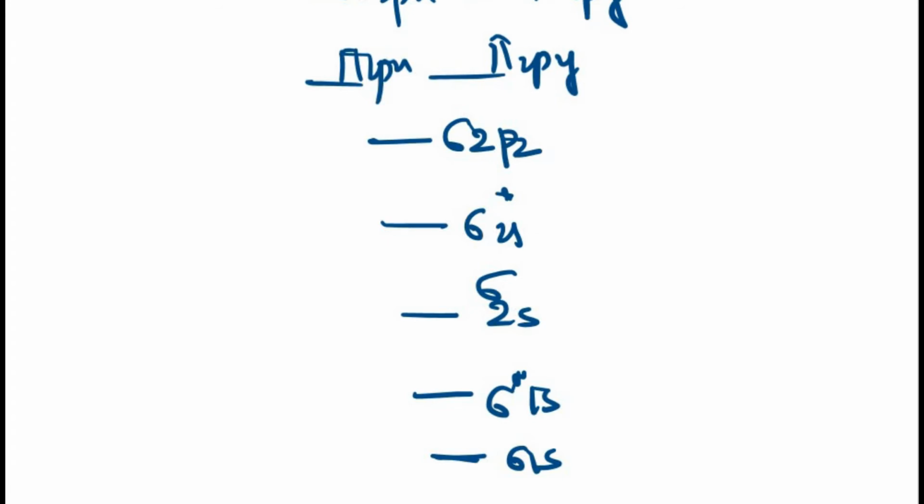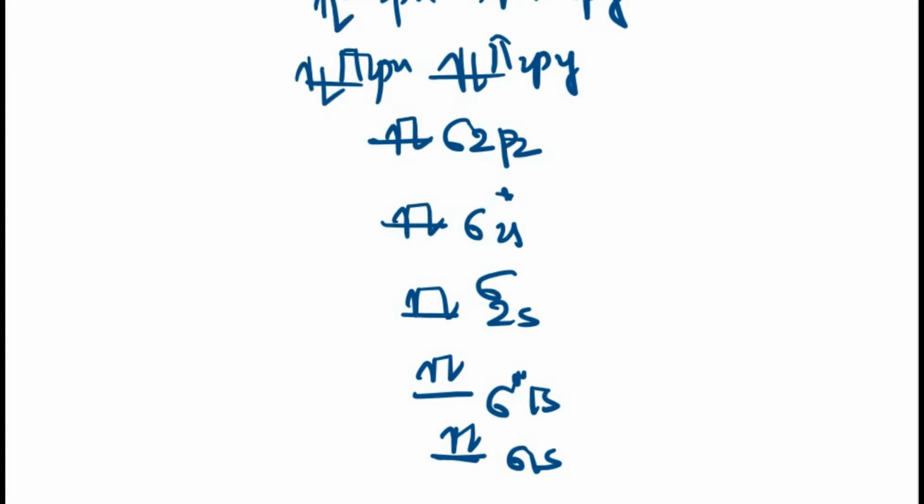Right? Now fill up 17 electrons, 2, 4, 6, 8, 10, 11, 12, 13, 14, 15, 16, 17. Number of unpaired electrons, 1. Definitely it should have that value of 1.73 Bohr magneton.